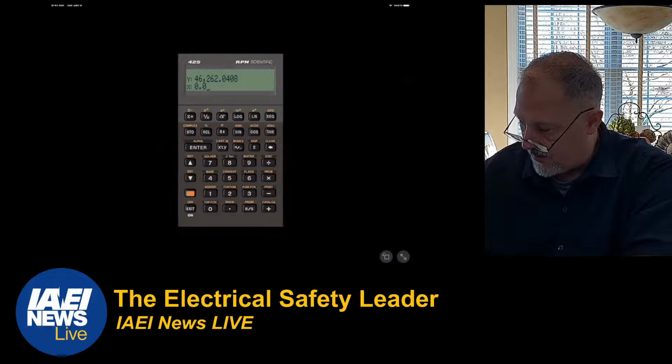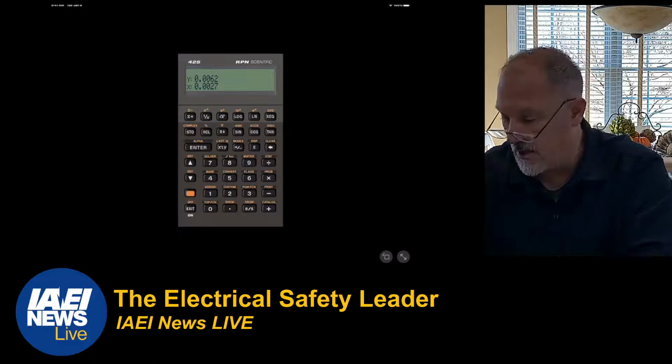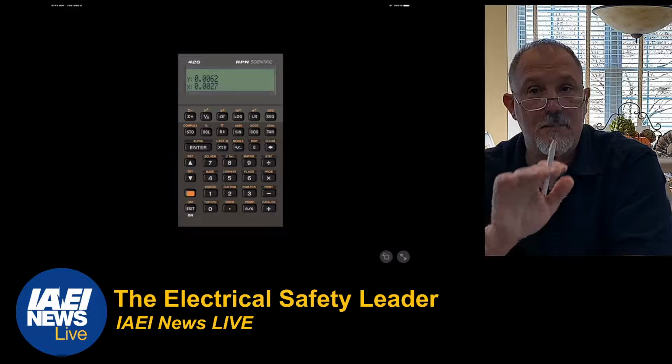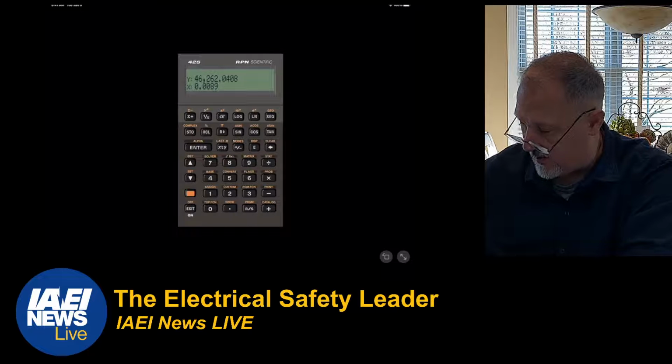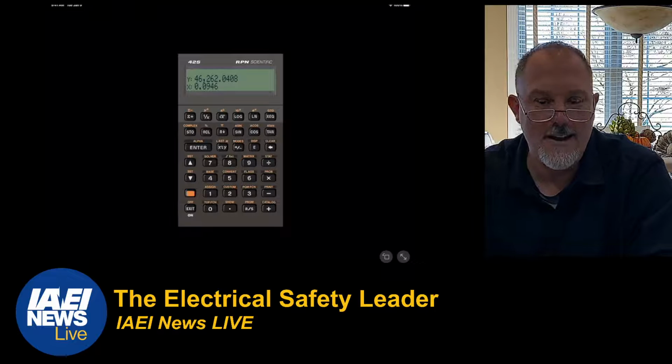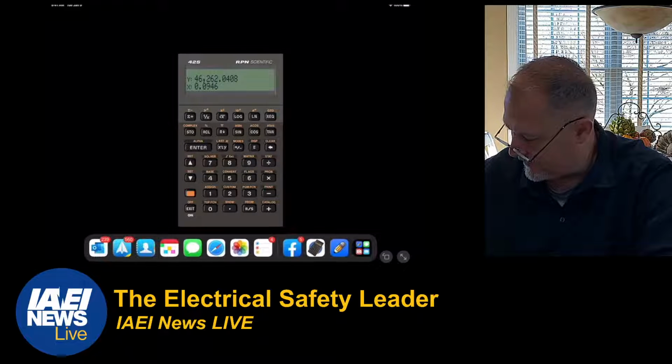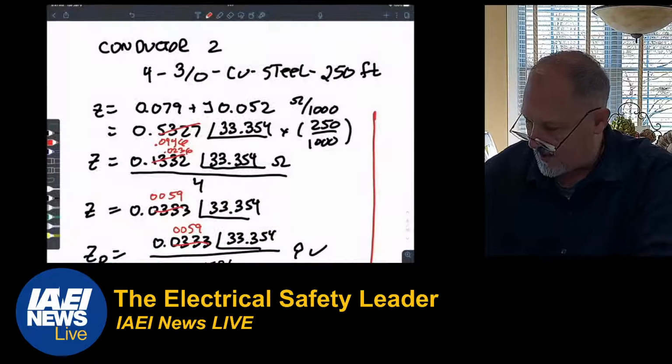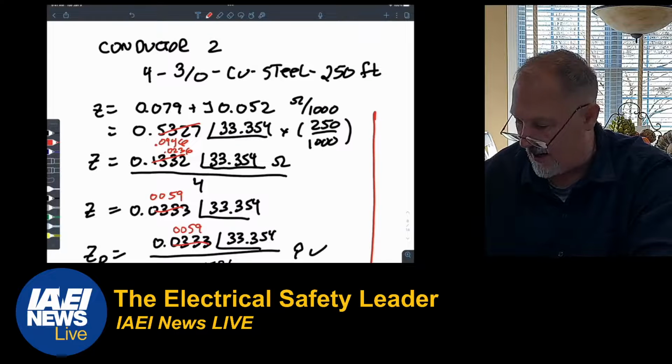So I take 0.079 squared, 0.052 squared, so it's 0.0062. I have to add that to 0.0027. I add those two together, and then I take the square root. It's 0.0946, and I don't know how I got 0.5327, but I did.